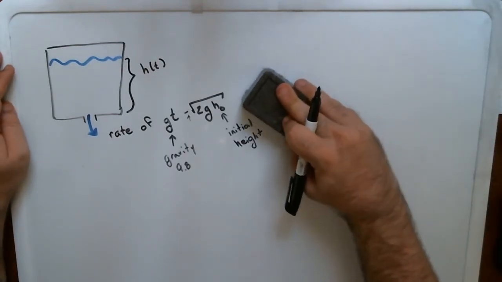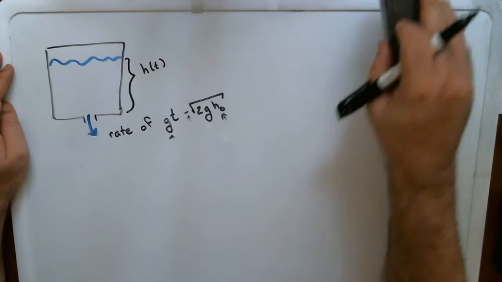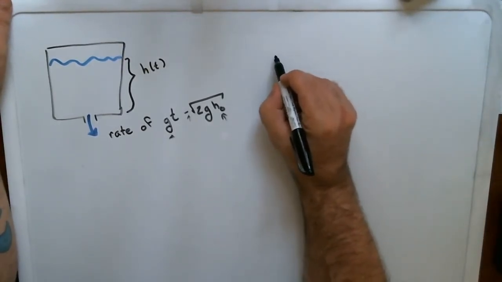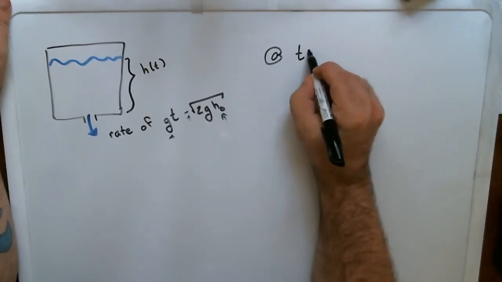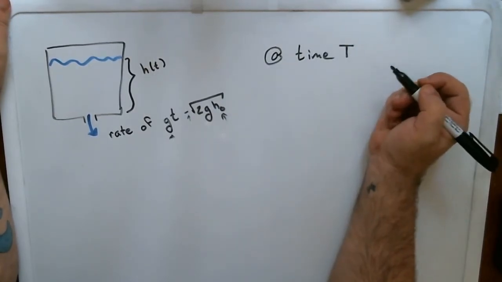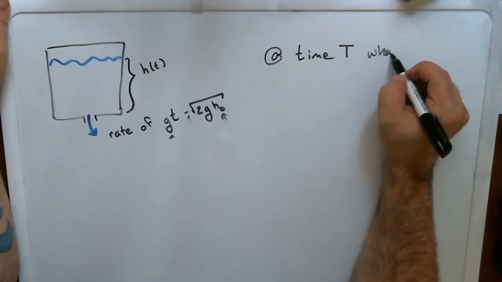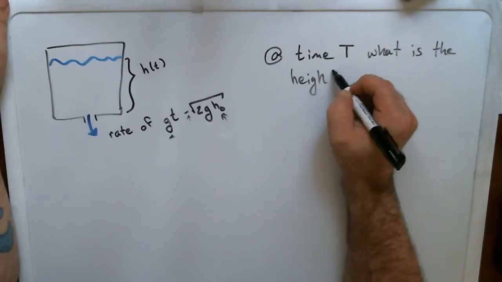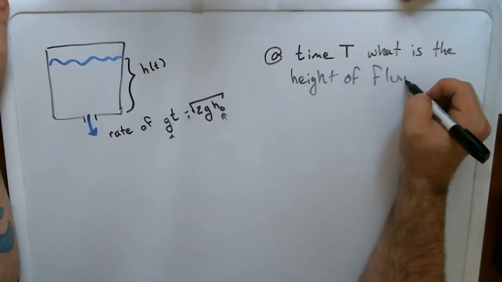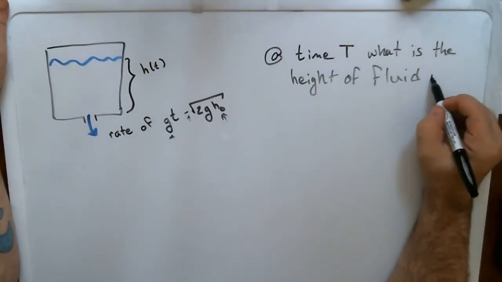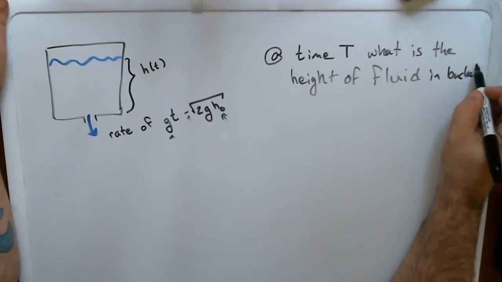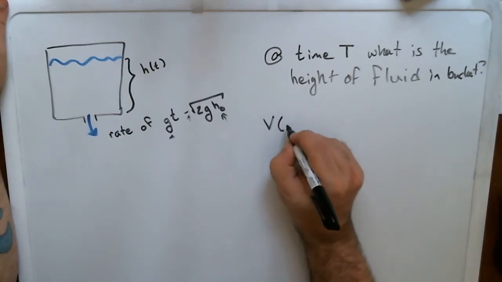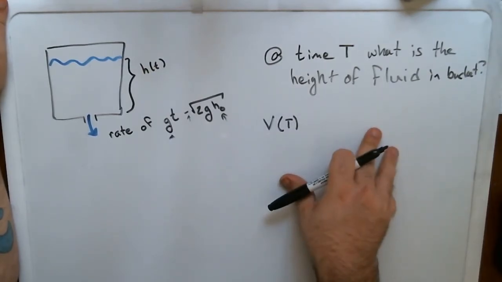So now what I'd like to know is, hey, let's take any time t, let's call it big T. Okay. What is the height of fluid? That's our blue stuff in the bucket. Okay. So if I set this up, I'm looking at, well, what is V of t?